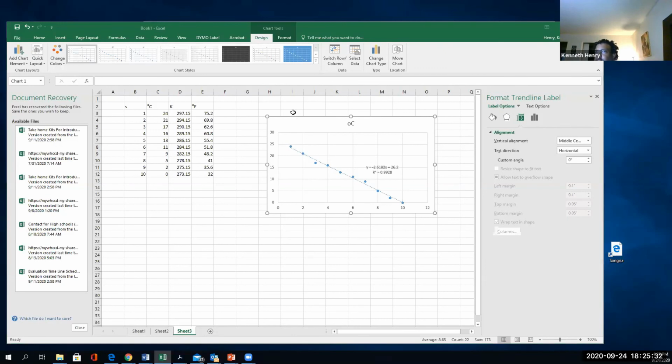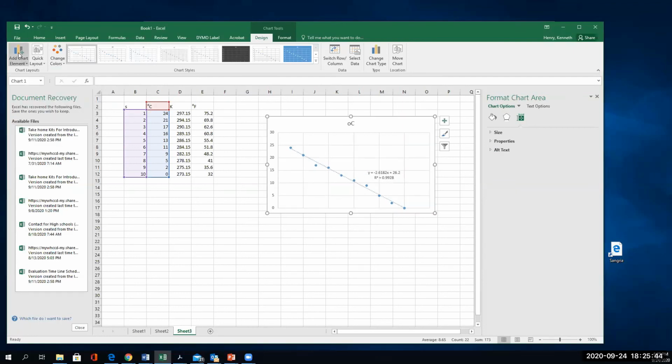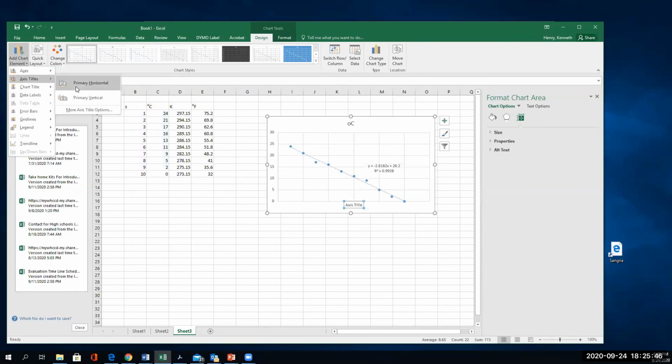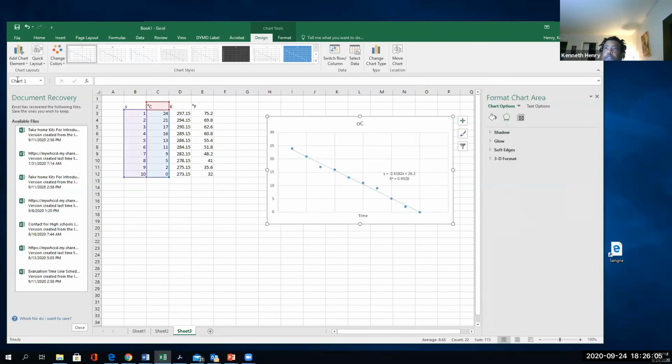Okay, piece of cake so far. And let's say we want to name our axes. Well, it's not showing it, is it?